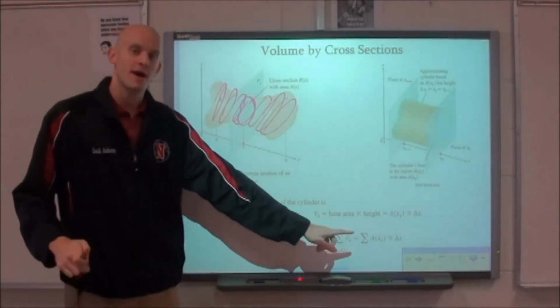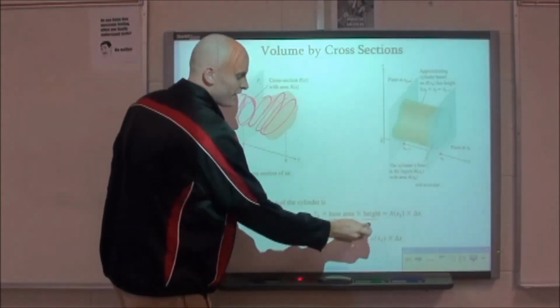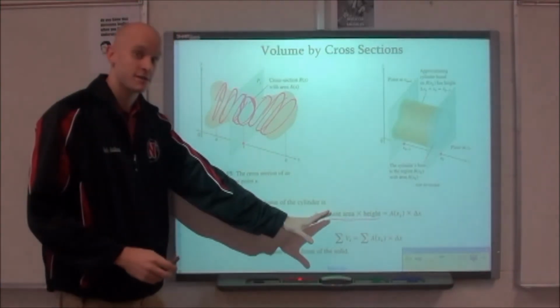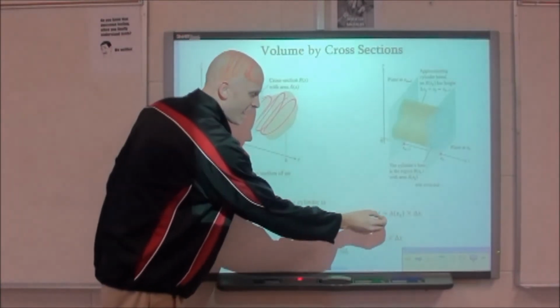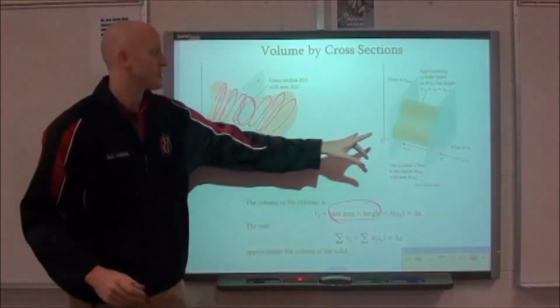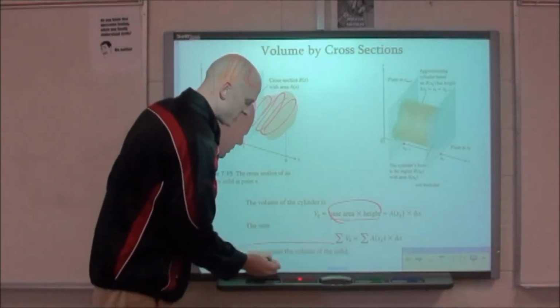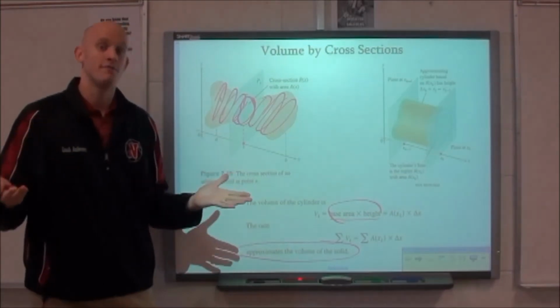And that's what this Riemann sum is saying here. We take the sum of the areas of the cross sections, so I'm adding the area, multiplied by the change in x, which we know is infinitely small, we will have the total volume of the solid.